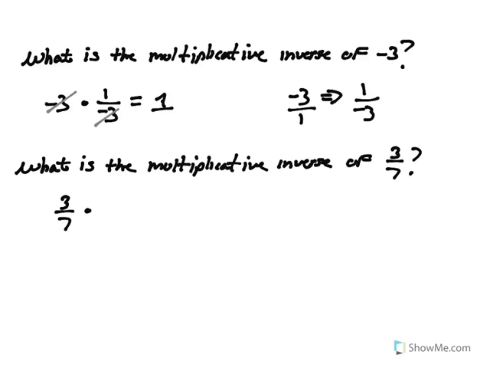The reciprocal of 3 over 7 is 7 over 3. Mathematically, the 3's will cancel and the 7's will cancel, and that's going to reduce to 1, because 3 divided by 3 is 1, and 7 divided by 7 is 1, and 1 over 1 is 1. Again, you could do it.